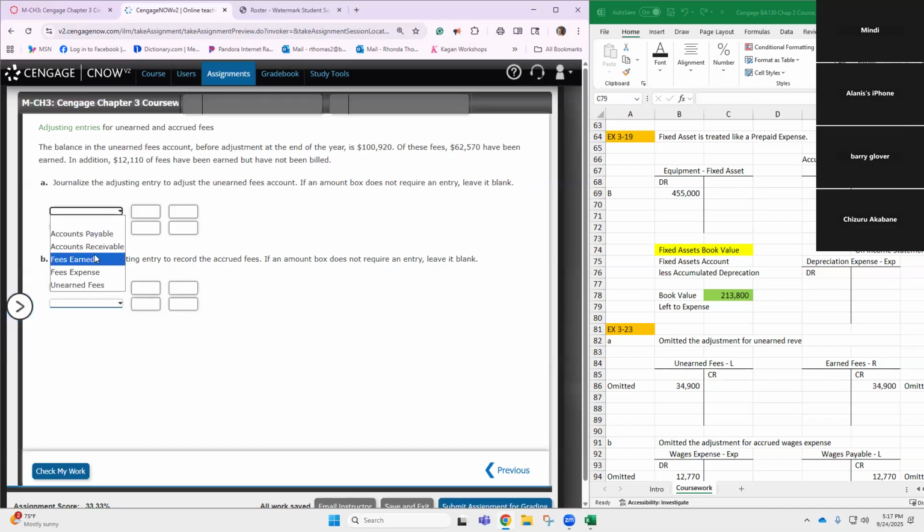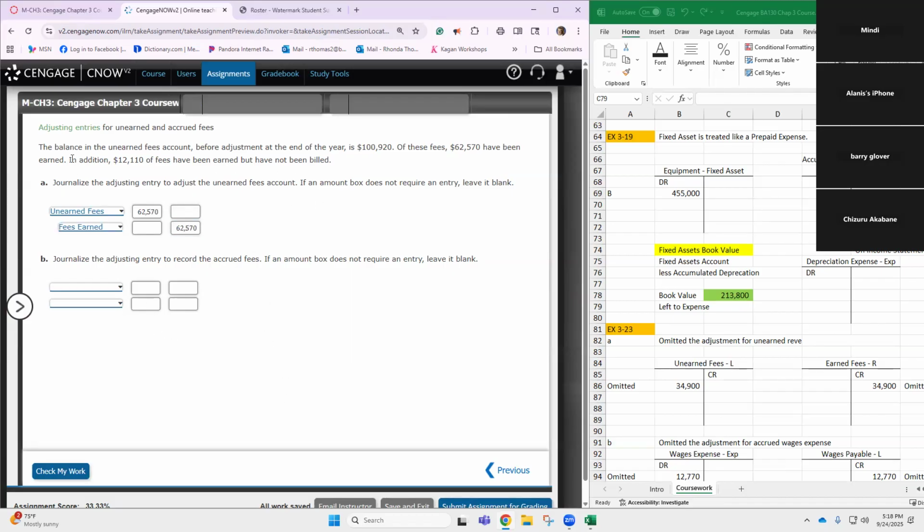Unearned fees are going to go down because we've earned it. So we still have some unearned fees that we haven't earned yet, but we get to record it in the revenue account.